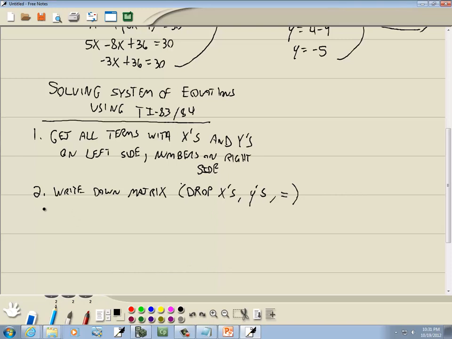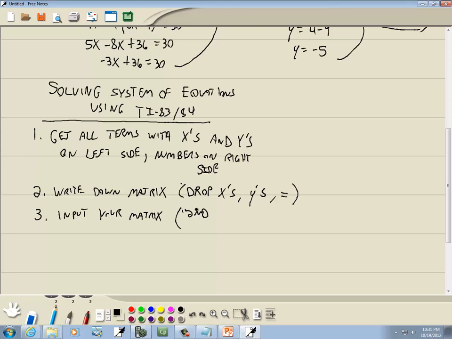And we'll see that some more. Step 3. Input your matrix. And some of these steps aren't very detail oriented, and we'll see why.